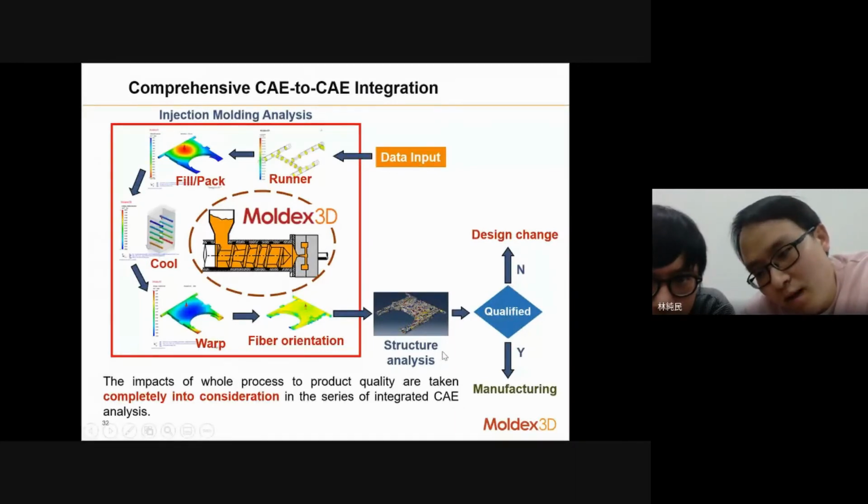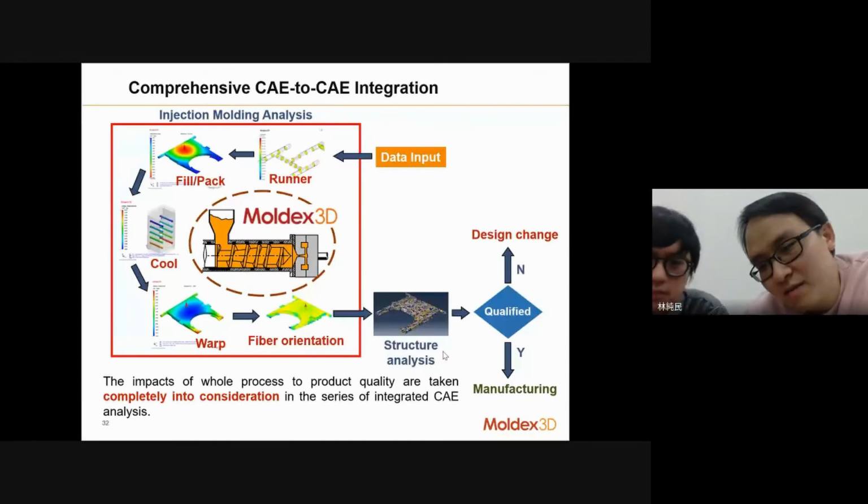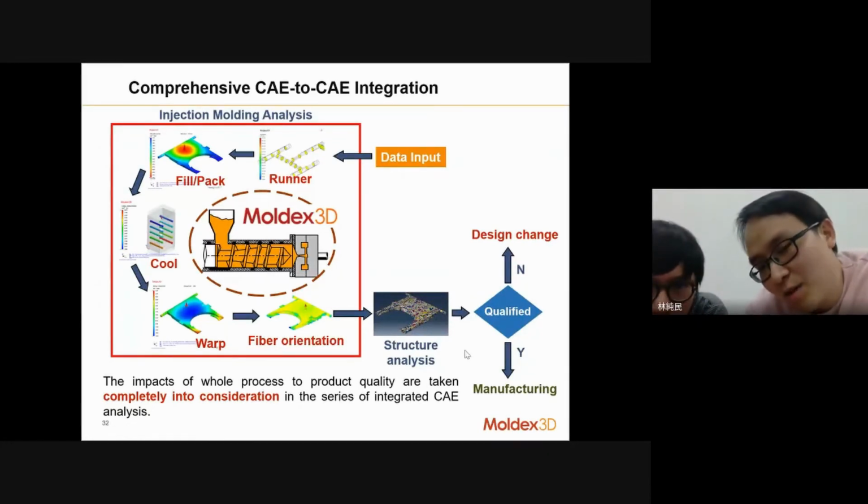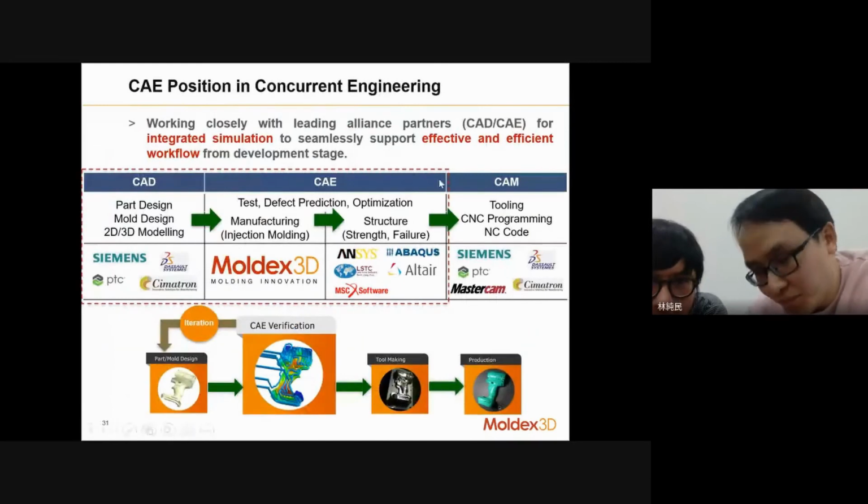So of course, they will do it. That's why our users, especially in automotive, usually have at least two software. Number one is Moldexity to simulate the manufacturing process and get the process-induced properties, for example fiber orientation or weaker strength because of a weld line. Then this result is passed to the structural analysis, for which they maybe buy ANSYS, Abaqus or LS-DYNA and so on.